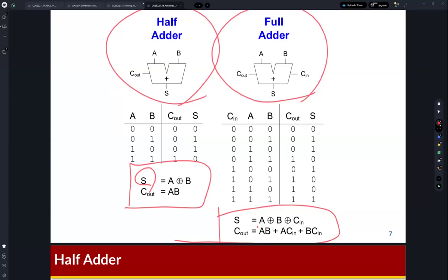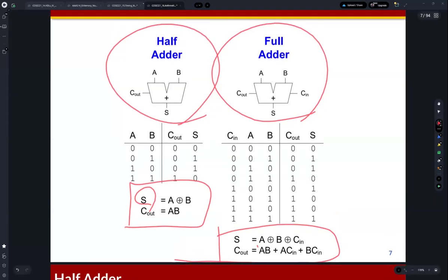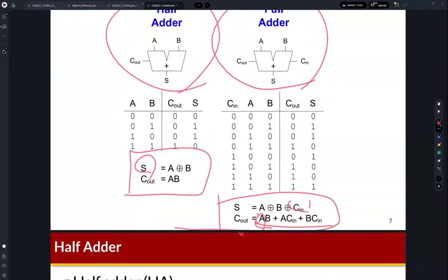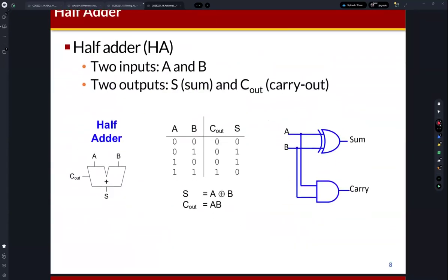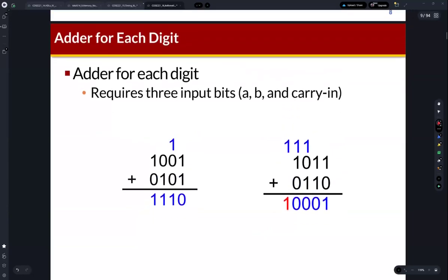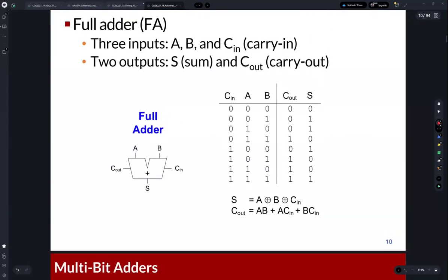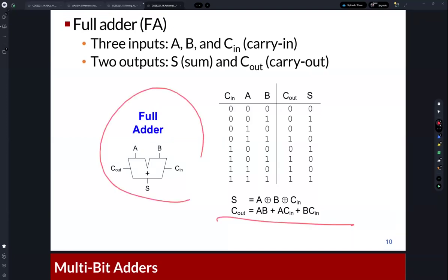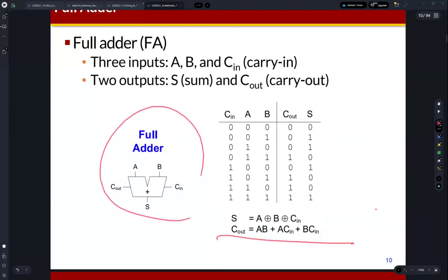Okay, so if you see this Boolean equation for the sum of full adder, you can find that the sum is A exclusive OR B exclusive OR C in, and then C out is AB, AC in, and BC in, which all products are ORed. Okay, so this is C out. So you can find the basic logic gate that builds the sum and carry for the half adder. Okay, and then also you can find the sum and carry out for the full adder.